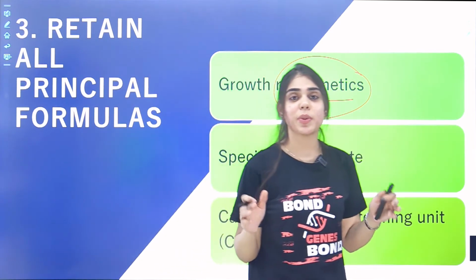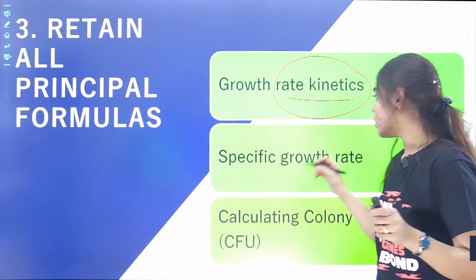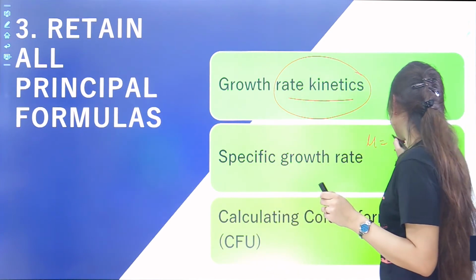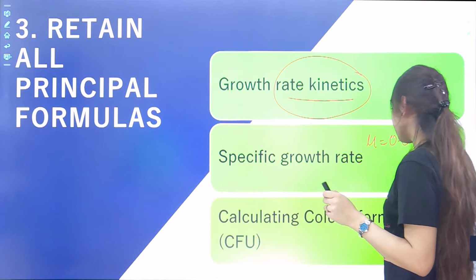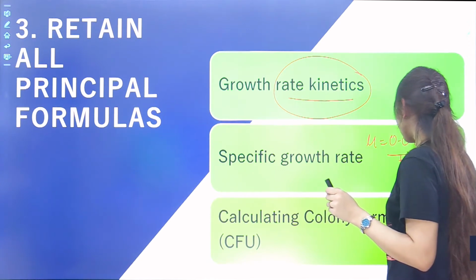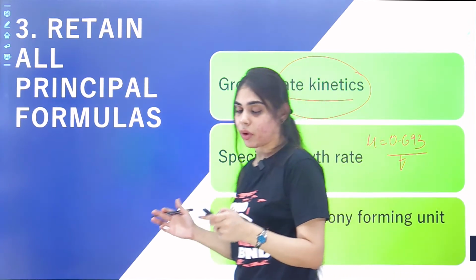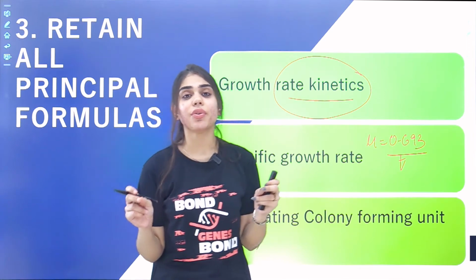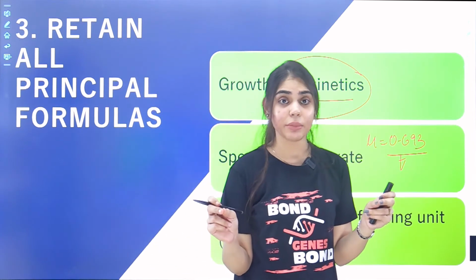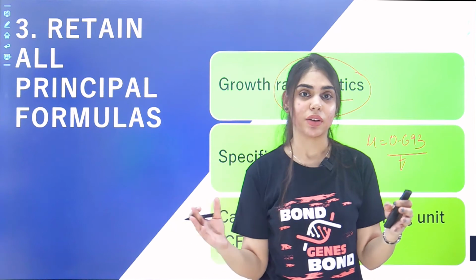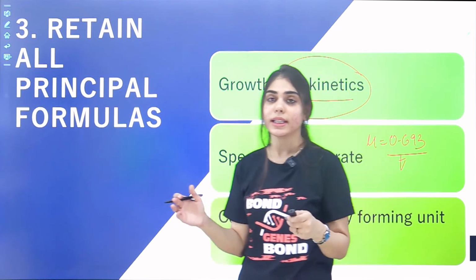Second is specific growth rate, that is mu equals 0.693 divided by generation or doubling time. And the third one is calculation of colony forming units. This CFU calculation is asked every time in GATE Life Sciences or Biotechnology. So you should not skip any of these formulas.